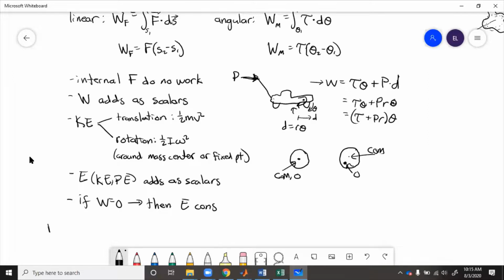And for power, we know for a linear case, power equals force times velocity. For angular, power equals torque times angular velocity.